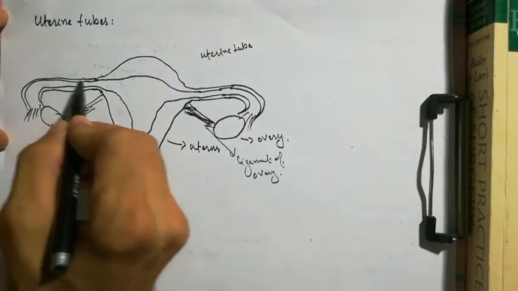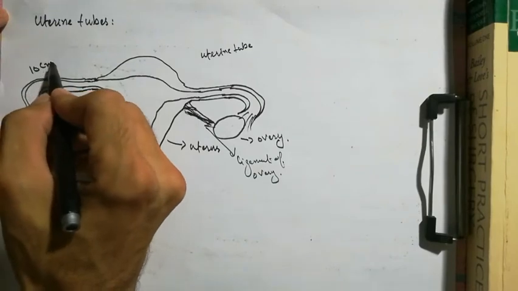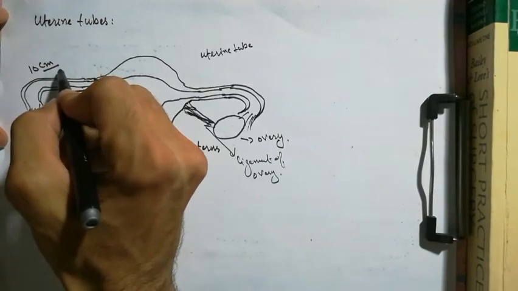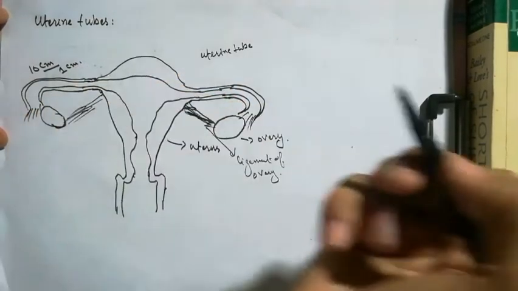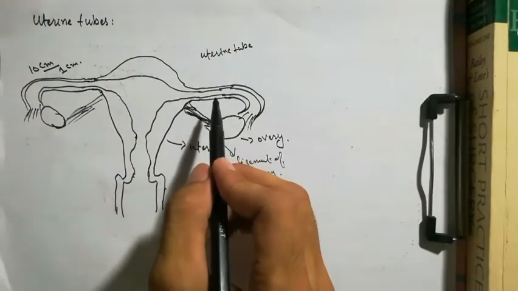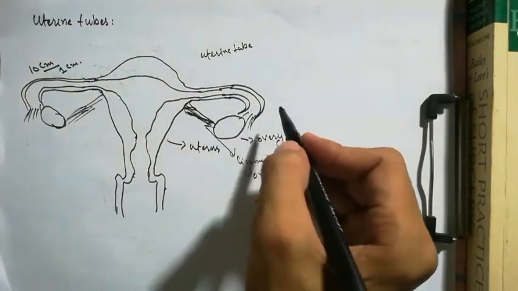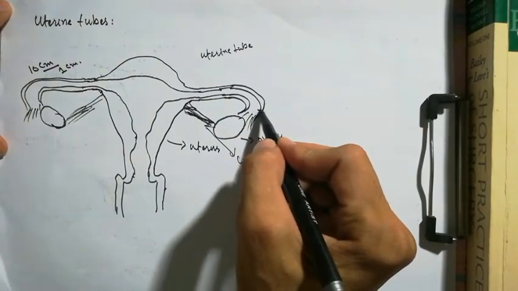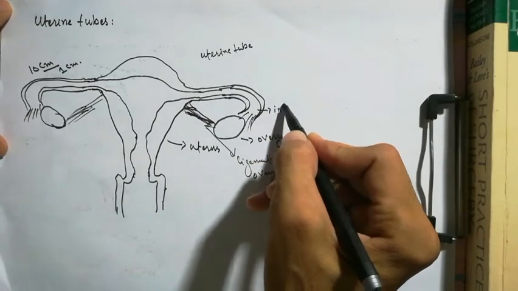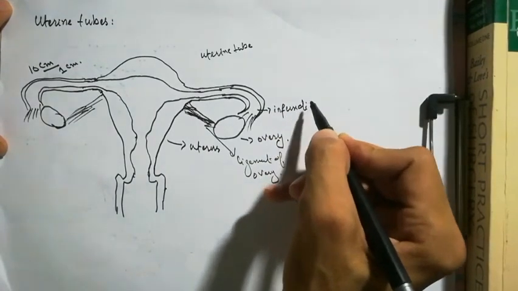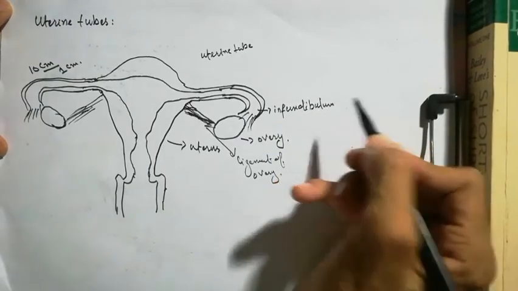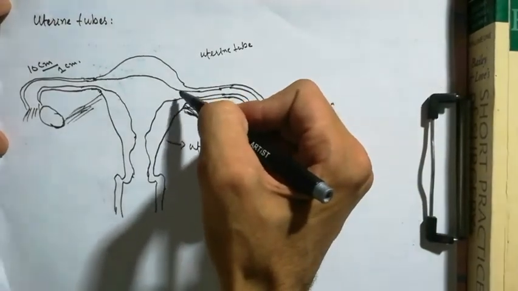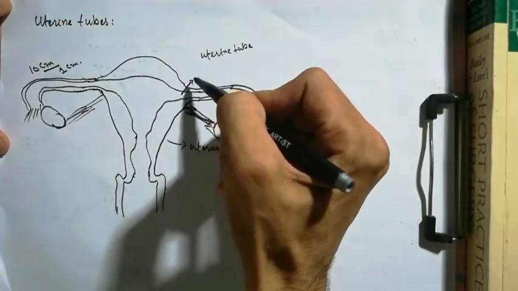So uterine tubes, the full length of each uterine tube is 10 centimeter, and diameter of uterine tube is 1 centimeter. There are 4 parts of uterine tube. The part which belongs to the ovary is infundibulum, and the part which is connected with uterus is called uterine part.